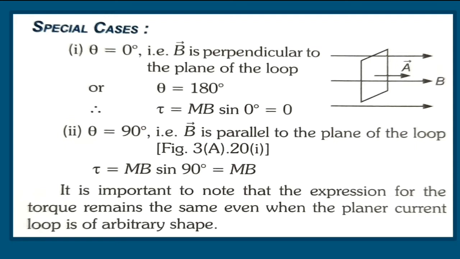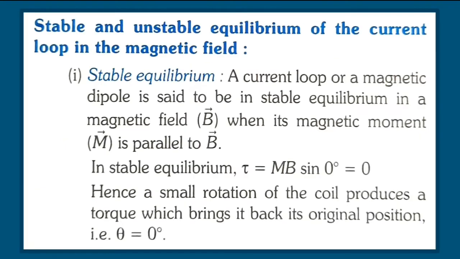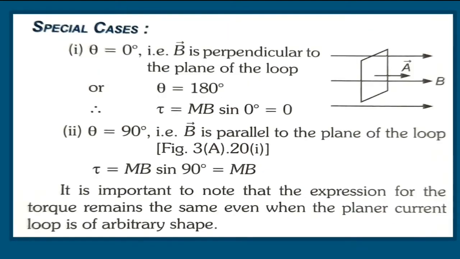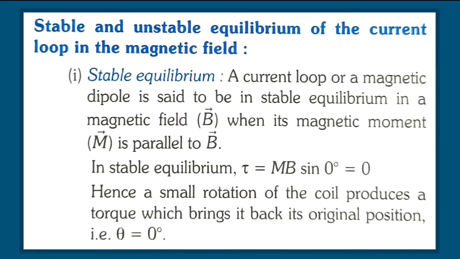We are getting MB. Now, stable and unstable equilibrium. We already mentioned when theta equals 0 or when theta equals 180 degrees, the torque is 0. And we know in this case the net force acting on the loop is 0. So if net torque also is 0, we say that the loop is in equilibrium with the magnetic field.